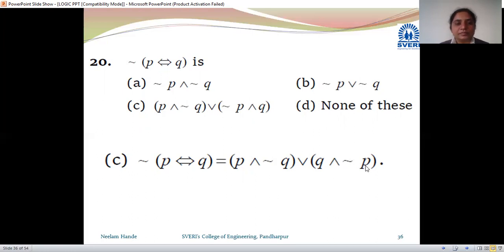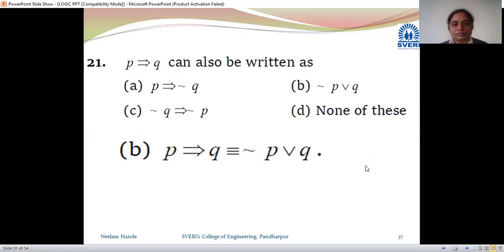That will be the answer. Next question. P implies Q can also be written as negation P or Q. These all are the formulae or the definitions.